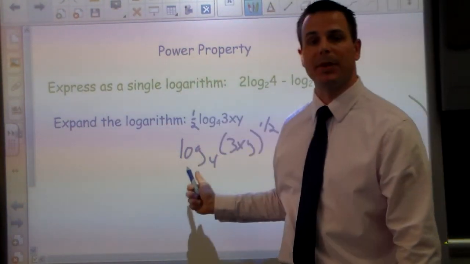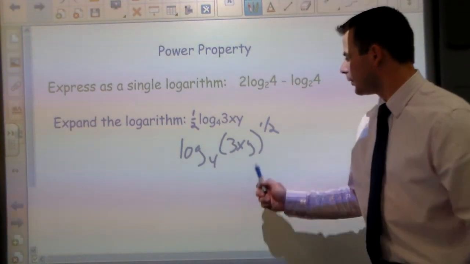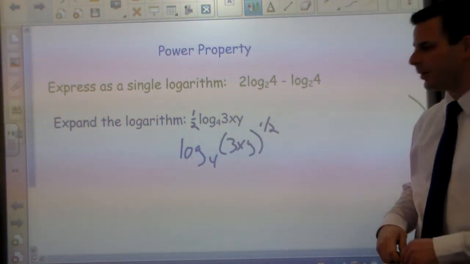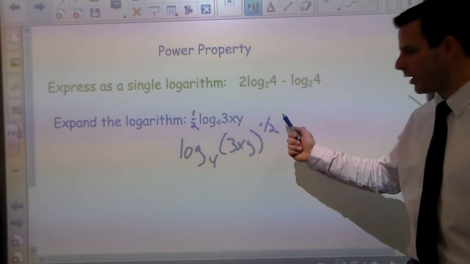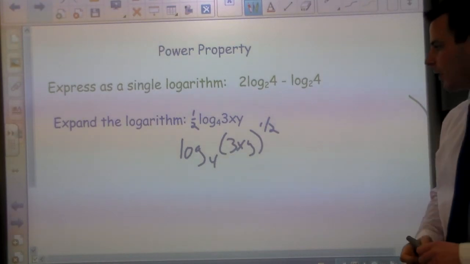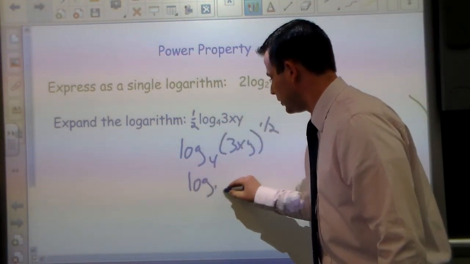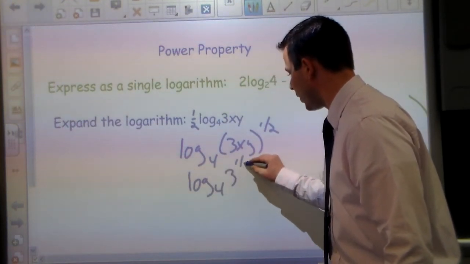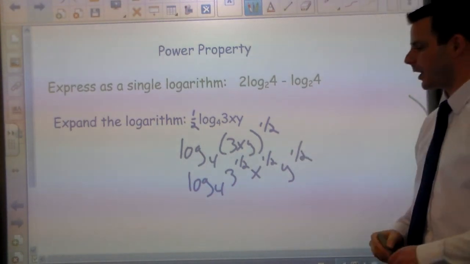I could apply the power property immediately and not necessarily the product property right away. So if I apply the power property immediately, this says that 3 is being raised to the 1/2 power, x is being raised to the 1/2 power, and y are all being raised to the 1/2 power. So I'm going to raise them to the 1/2 power separately. Log base 4 of 3 to the 1/2, x to the 1/2, y to the 1/2.